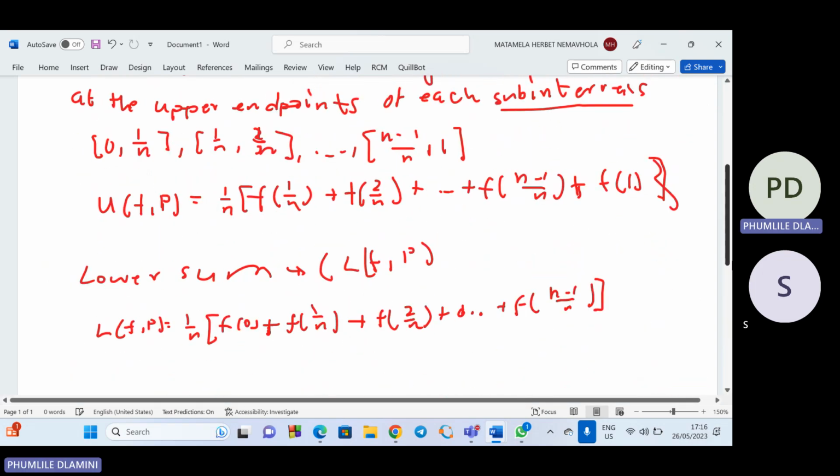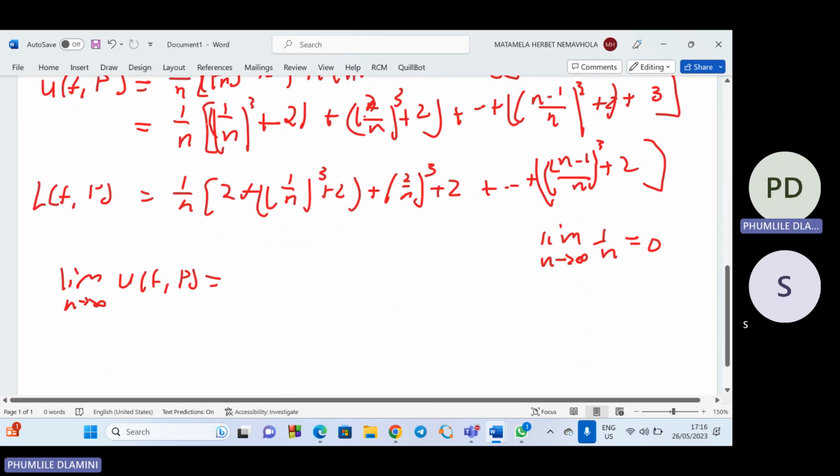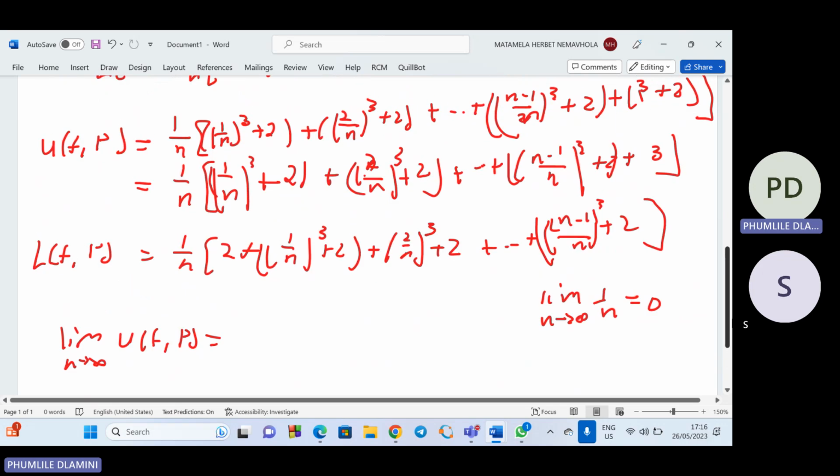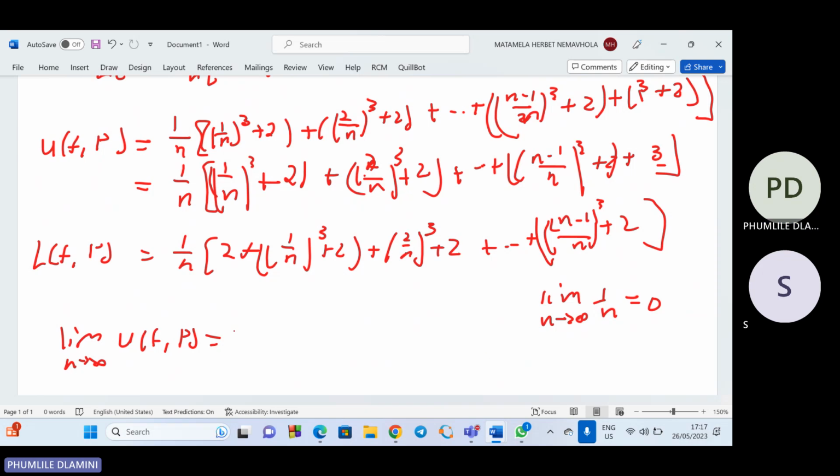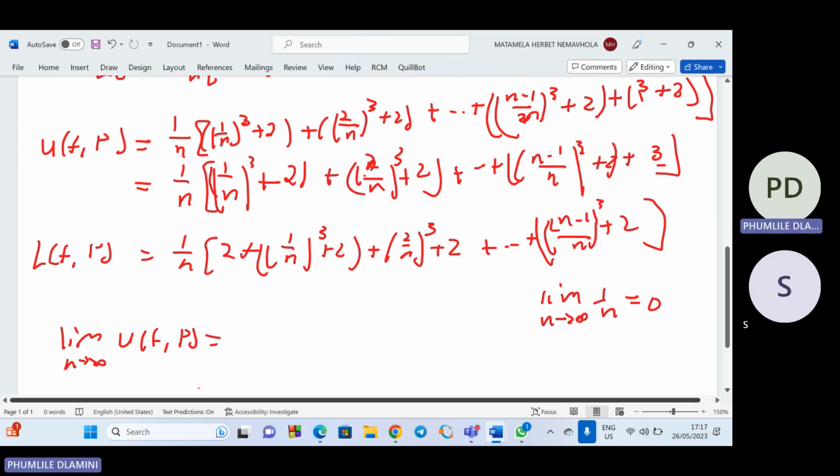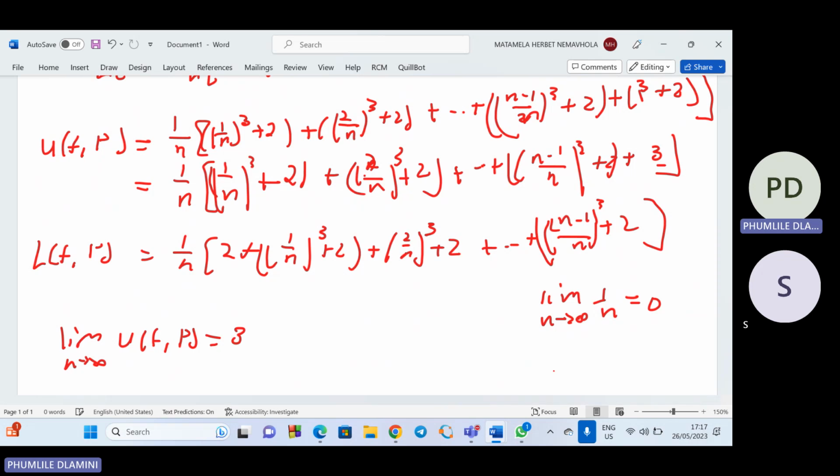So we can check what will happen in this equation if we put our limit equal to 0. According to this definition, all the terms involving 1 over n are going to be equal to 0, but the limit that you're going to be left with is 3.